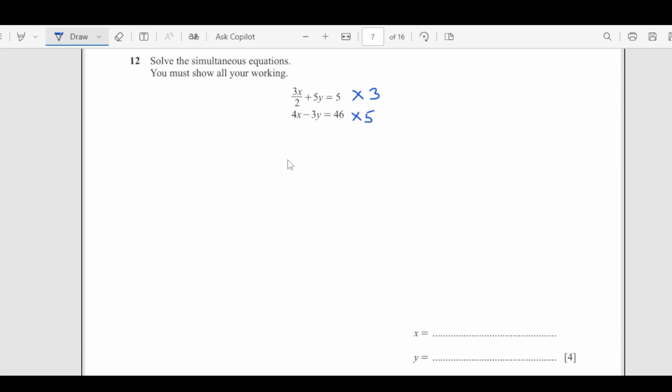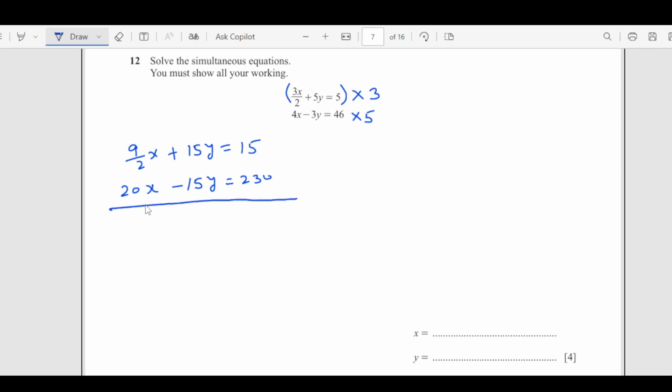This whole equation will be multiplied by 3, so it is going to become 9 over 2 x plus 5 times 3, 15y equals 15. Then multiply by 5: this is 20x minus 15y equals 46 times 5, this is 230.